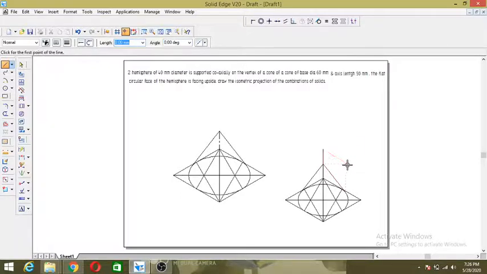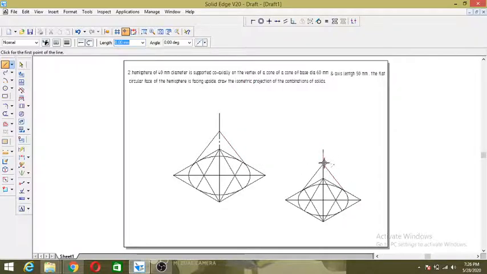Initially you can construct the 20 mm line at an angle 90, then convert the whole thing and place it over here.